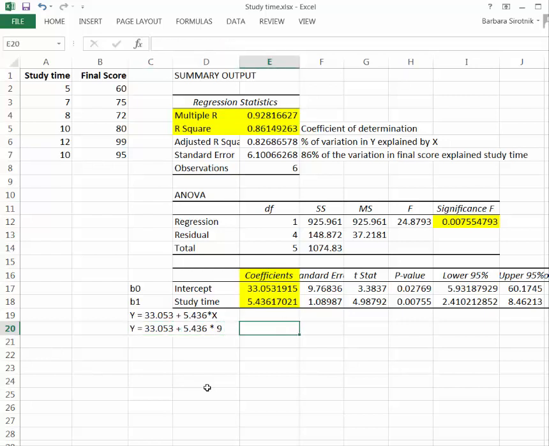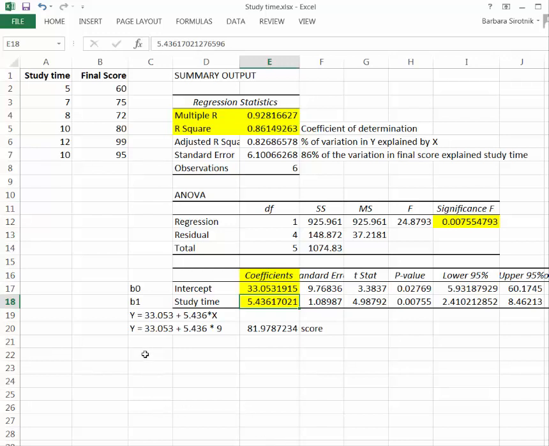And now I can do this very easily by putting a click here for the 33 plus a click here for the 5.436 times 9, and voila. The score for a person who studies 9 hours is going to be 81.978 on average. And that's a good thing to know. Now, another good thing to know is, what does this 5.436 really mean?